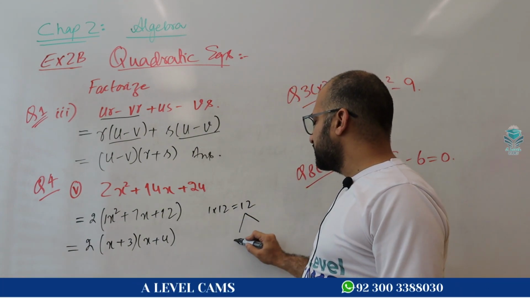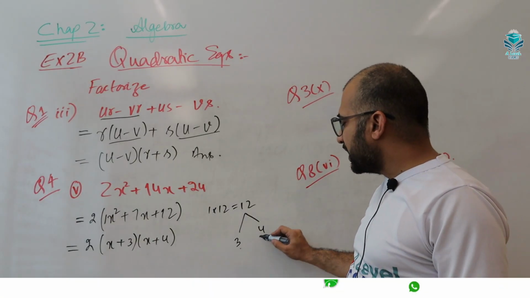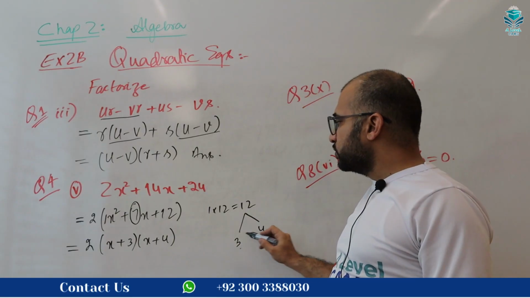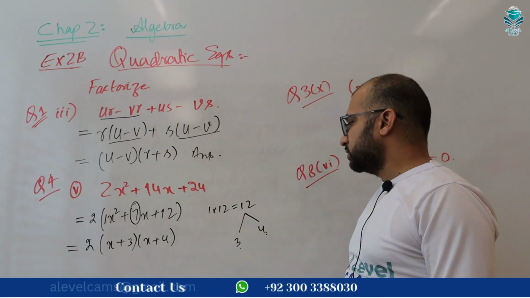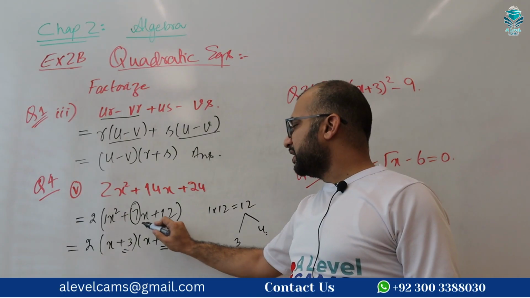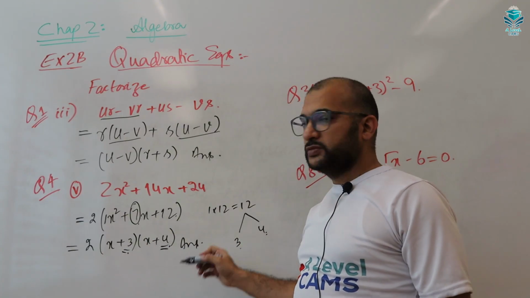So you can find its factors 3 and 4 such that if you add them you will get 7 and if you multiply you will get 12. So immediately you can see that if we add these we will get 7 and if we multiply we will get 12. So this is your answer.